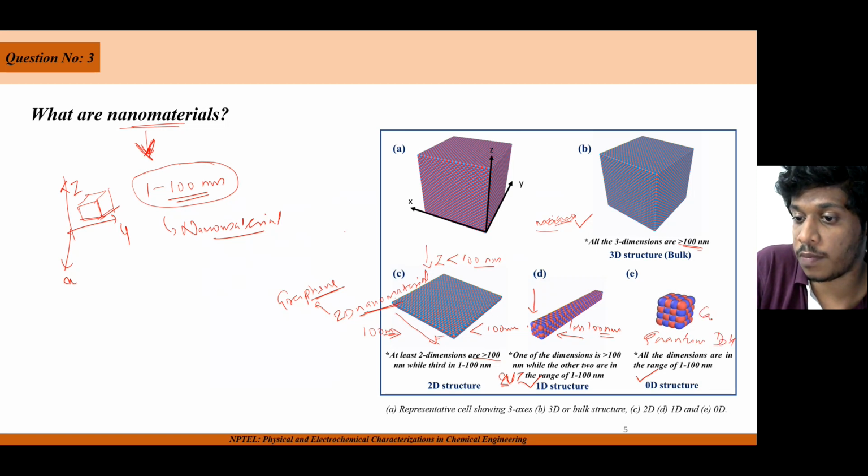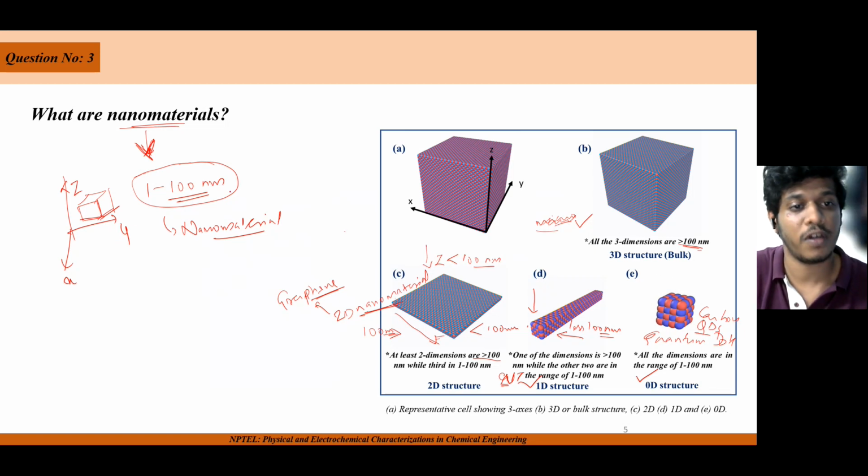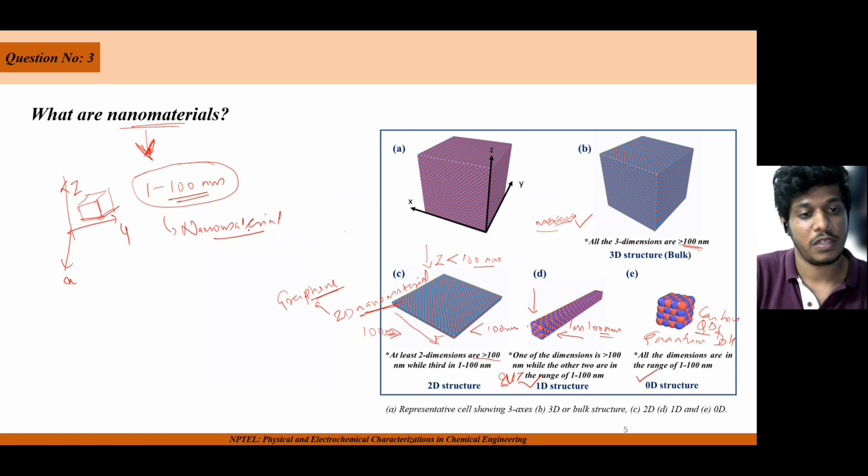For example, carbon quantum dots, CQDs, have been applied in many aspects from sensors to various fields. So this is a very fundamental understanding of nanomaterials. Once again, a nanomaterial is a material where at least one dimension is in the range of 1 to 100 nanometer. It can be classified into 2D structures, 1D structures, or 0D structures.